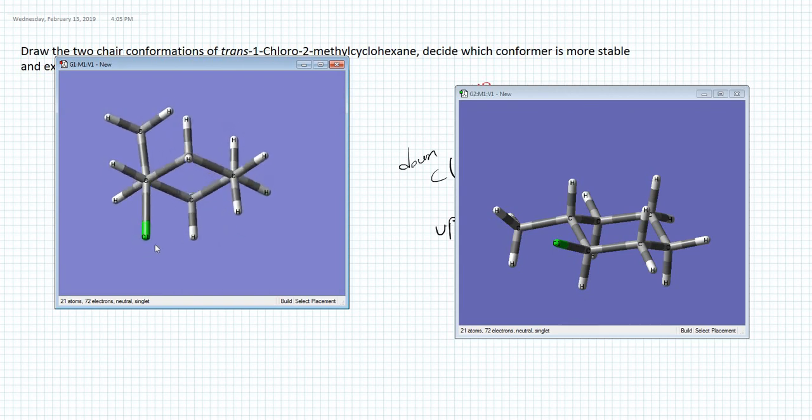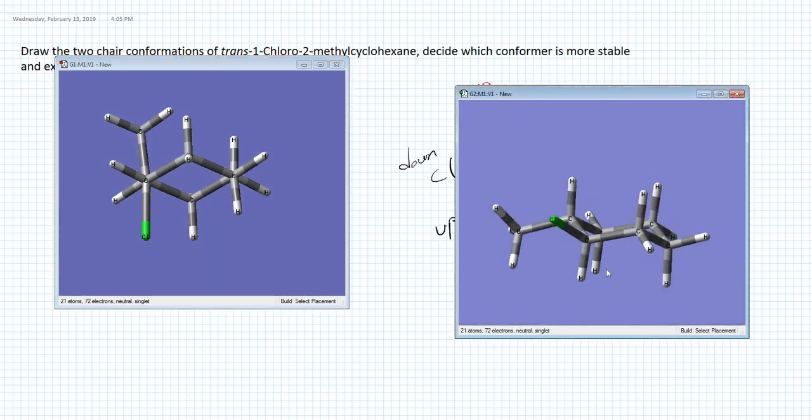And if we look through the carbon-carbon bond for the number 1 and number 2 carbon, we have almost a 180-degree dihedral angle between chlorine and methyl group. So this is an anti conformer, if you like to visualize a Newman projection.